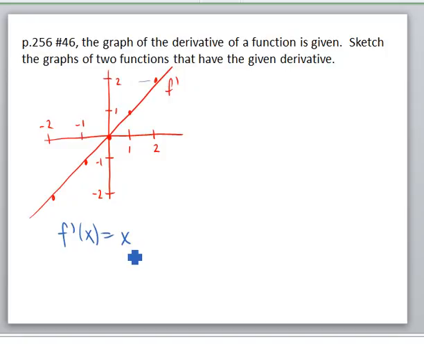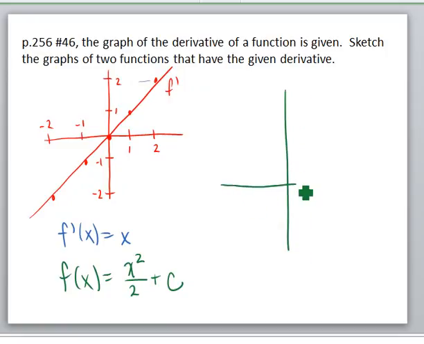The reason why we can sketch two different graphs of this is because we do not know any other piece of information other than the function itself, which would be x to the second over 2, using the rules of integration, plus c. This c could be 3, it could be 4, it could be 5, it could be many, many different things.